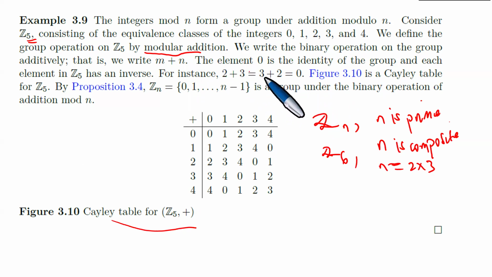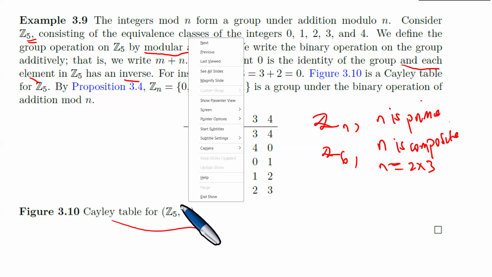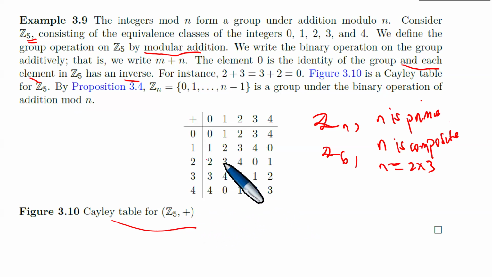So now we're saying the element 0 is the identity of the group, and each element in Z5 has an inverse. This is very important. We saw that in Z12 it was not the case. So here it is the case. For instance, 2 plus 3 is 3 plus 2, commutative, and this is 0 in modulo 5.